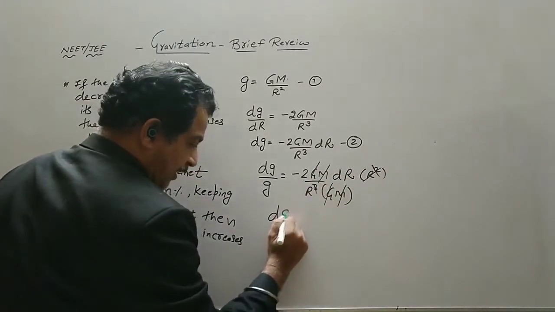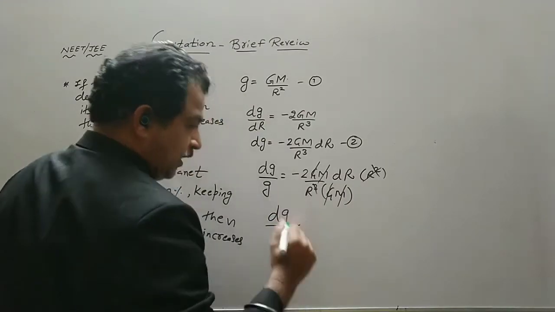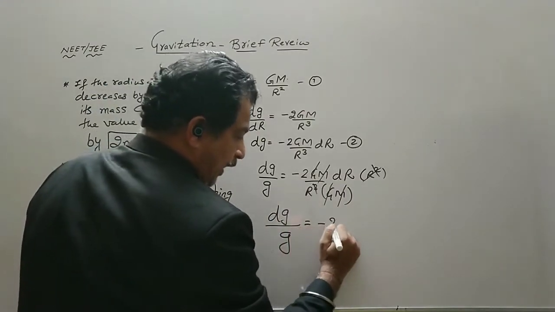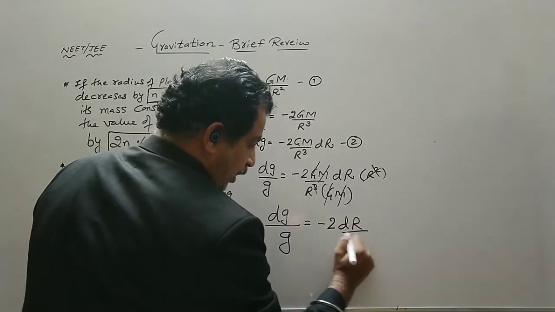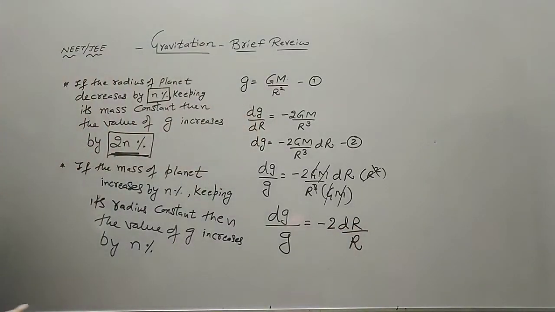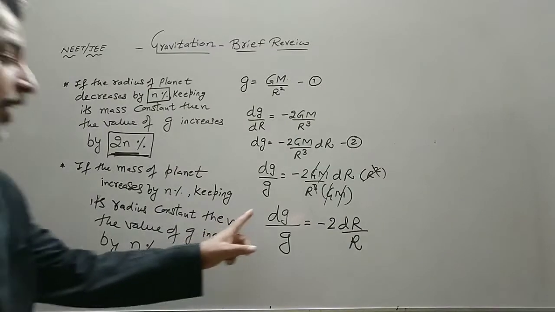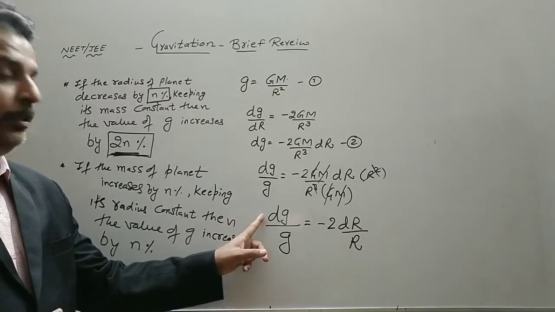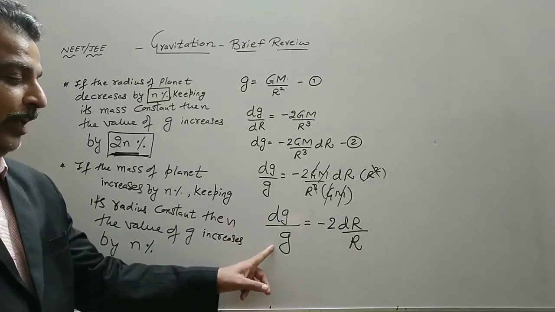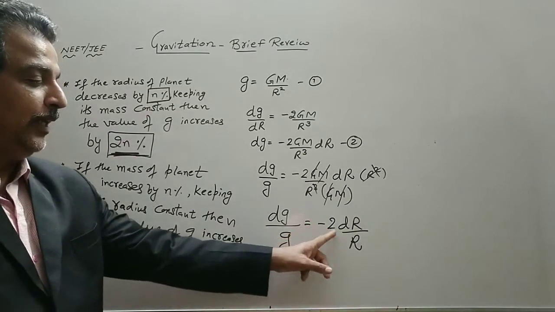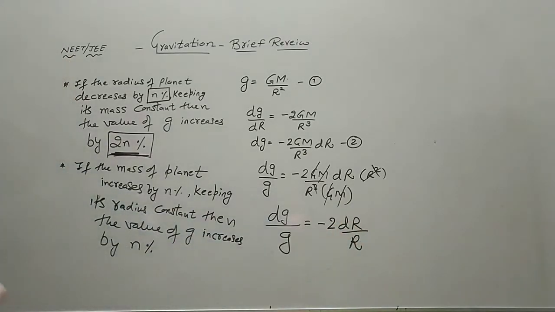So you are left with dg upon g is equal to minus 2 dr upon r. This can be read as dg upon g, that is change in g upon the original value, is equal to minus twice dr by r. So multiplying both sides by 100, we can get an answer in percentage.